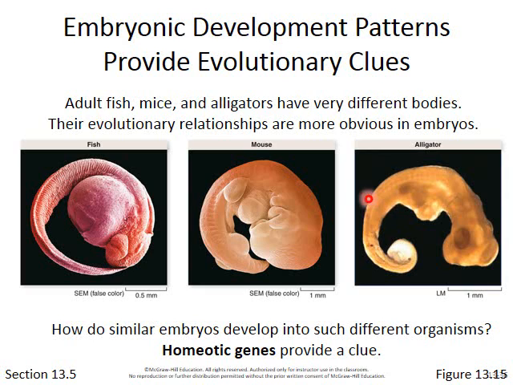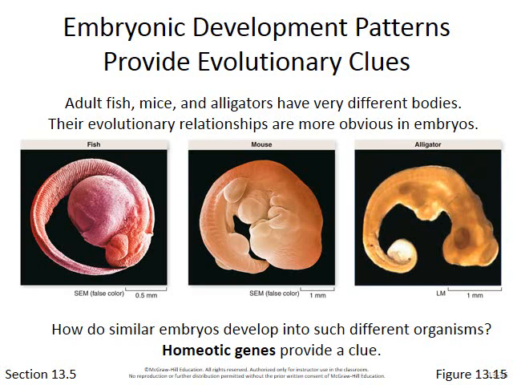And so just the similarities here as they are developing. There are embryologists that study these similarities of embryos that grow, and it's very interesting to see all the similarities that are out there. So, how do similar embryos develop into such different organisms?